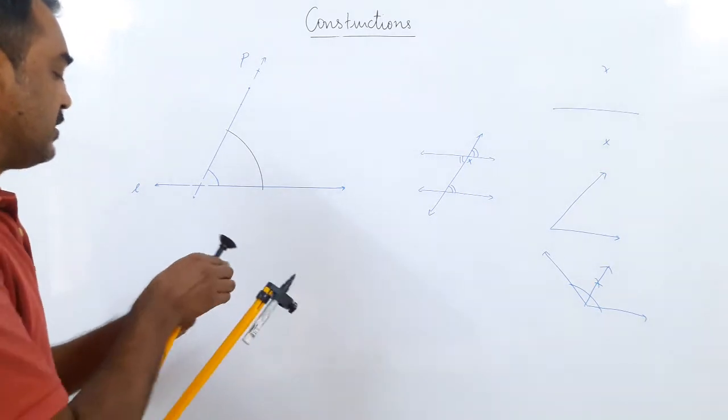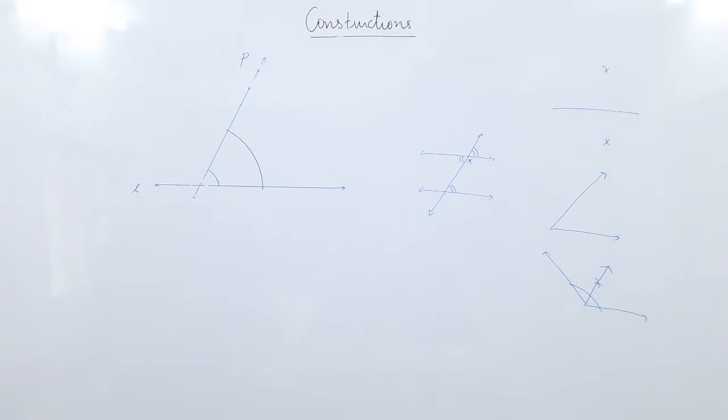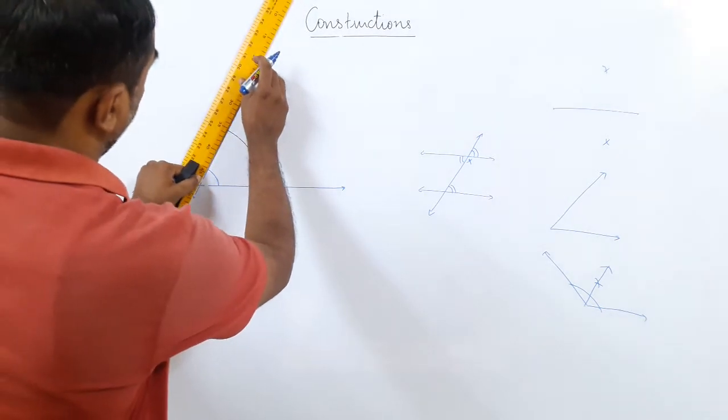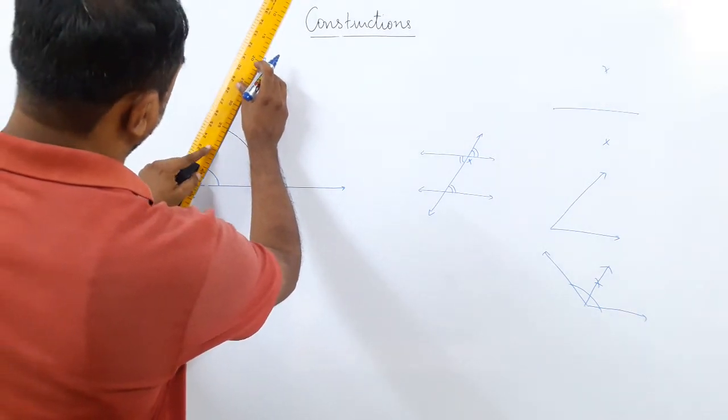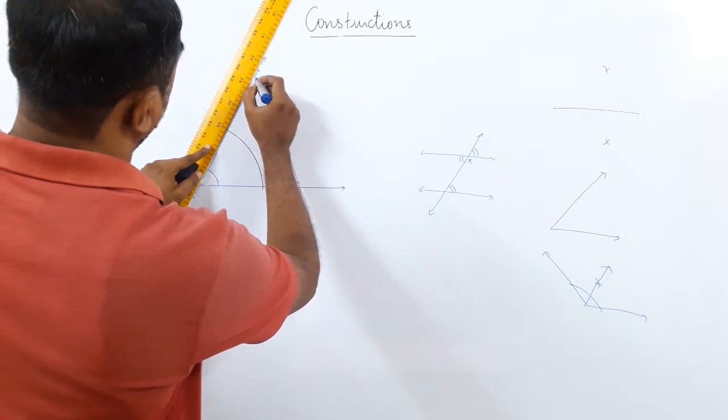So you see how things are working. I should actually make the line a little longer. So let me extend this line further because I am going to need it.